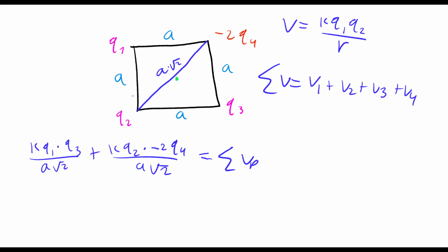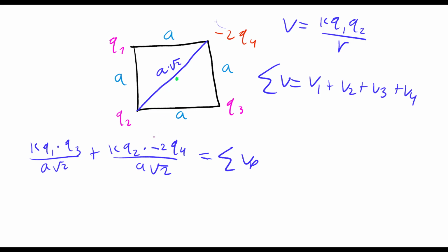And that's just a diagonal, right? So you could take this point and find the electric potential, because the magnitude goes right through our green point. Okay? So we take q1 times q3 and divide it by the distance between them, and we add that with q2 times negative q4.